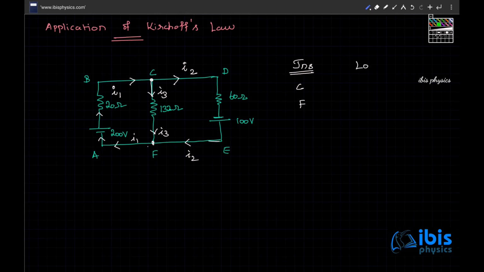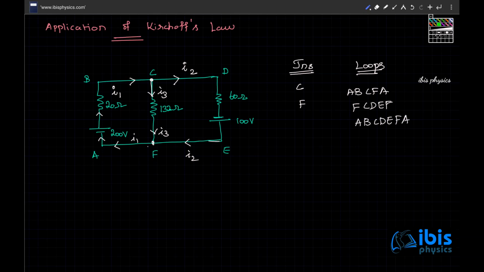The possible loops are A, B, C, F, A, and then F, C, D, E, F. It is not necessarily F, C, D, E, F; it can also be C, D, E, F, C, or the whole loop. When you consider the whole loop, you don't have to consider the in-between part: A, B, C, D, E, F, A. So there are three loops.